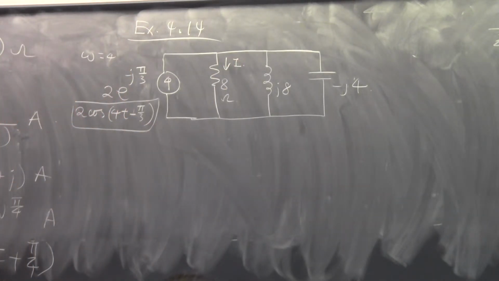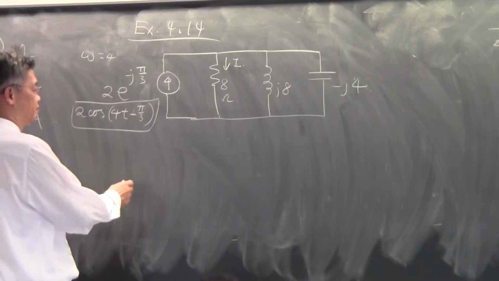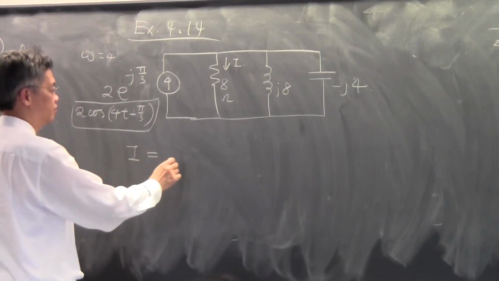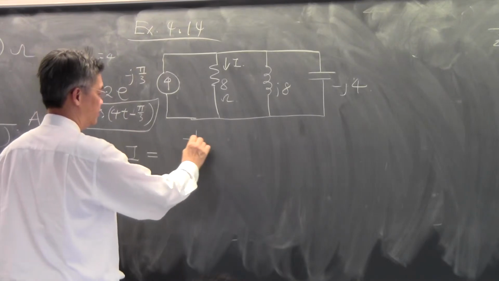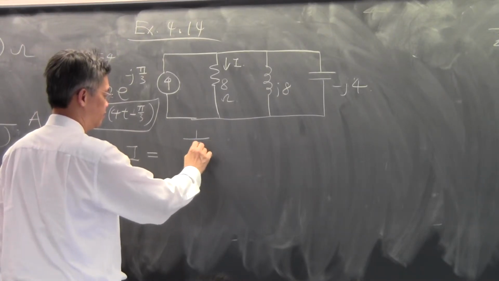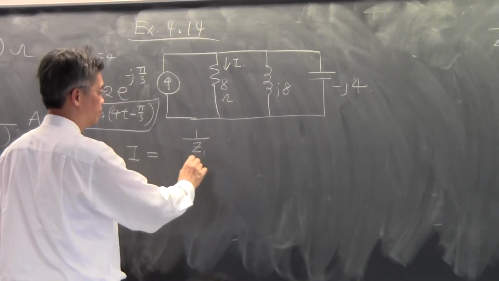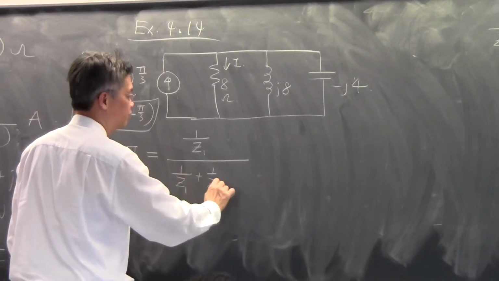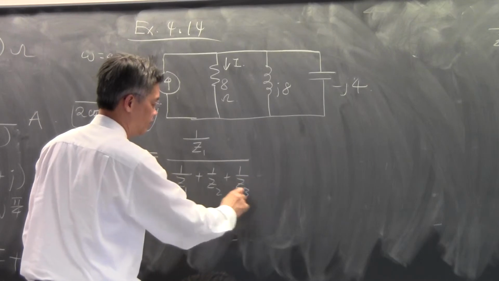So you use a current divider formula. The current divider formula is that I should be equal to 1 over Z1 over 1 over Z1 plus 1 over Z2 plus 1 over Z3.